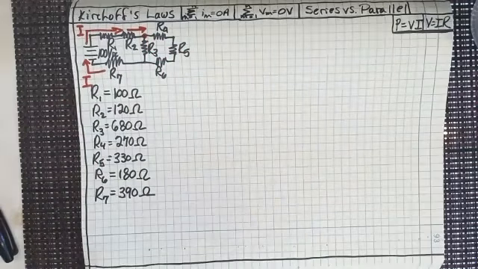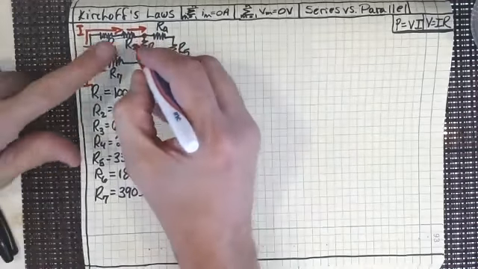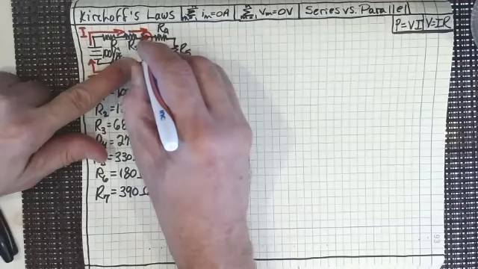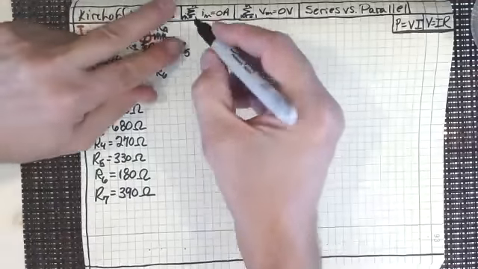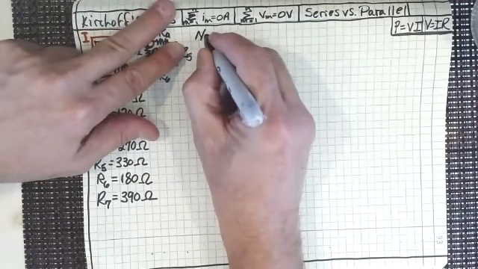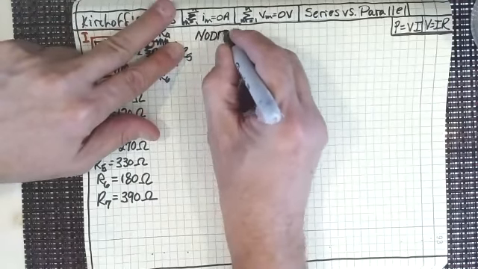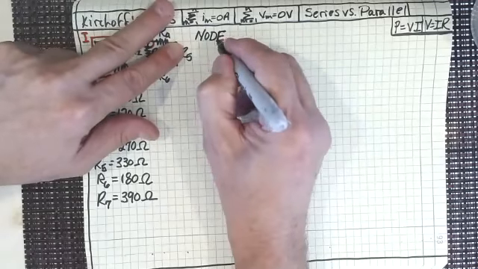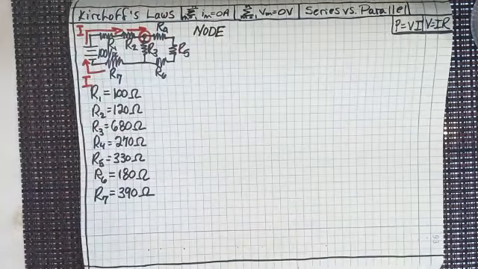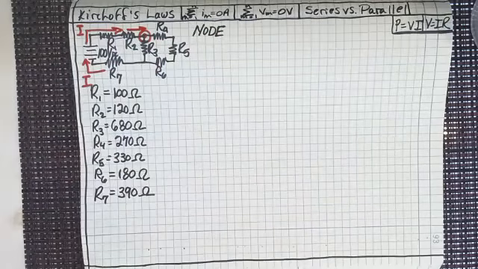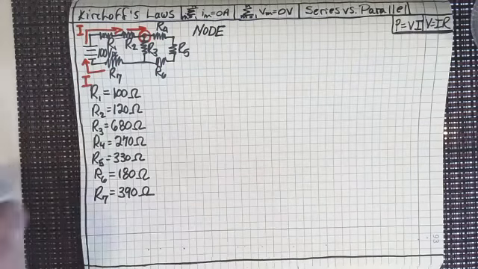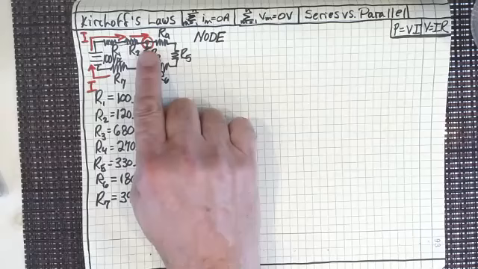Let's put a little circle around it. What happens at that node, that bullseye that we've got right there? Yeah, it's got a name, and it's called a node. You want to get the electrical engineering terminology down so that you know how to speak engineering. And so right there is a node.